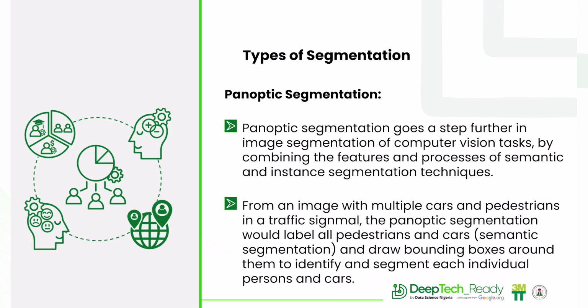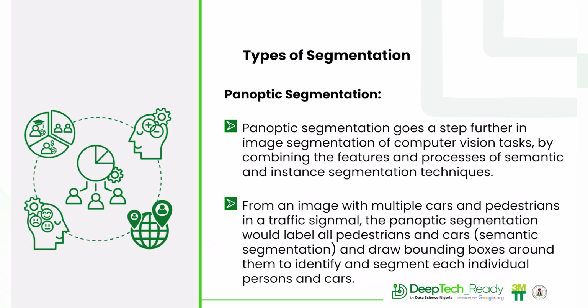So for an image with multiple cars and pedestrian in a traffic signal, the panoptic segmentation will label all pedestrian and cars, that is semantic segmentation, and draw boundary box around them to identify and segment each individual person and cars. I hope that is clear.